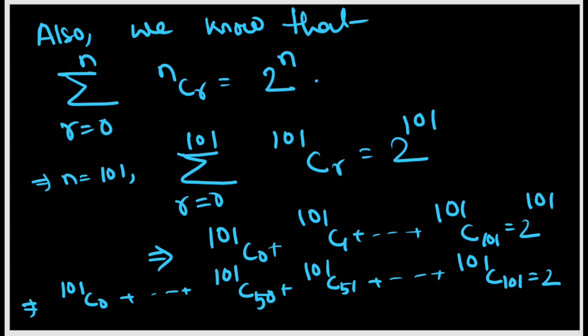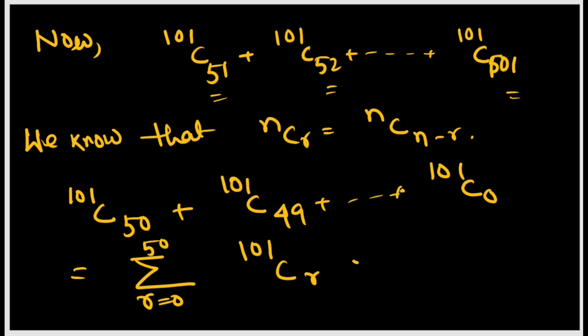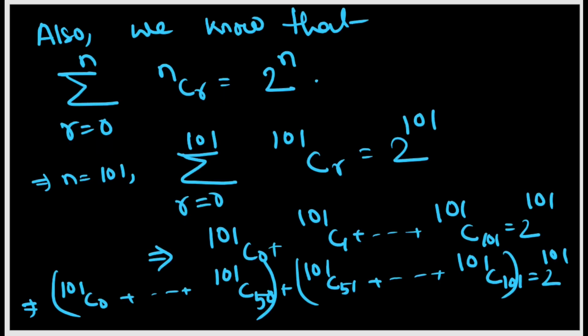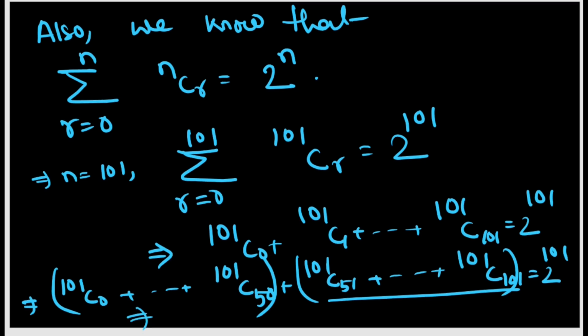So we break this whole sum into two parts. Previously we saw that the terms 51 to 101 converted to 0 to 50. So now the second part, 51 to 101, also becomes 0 to 50.